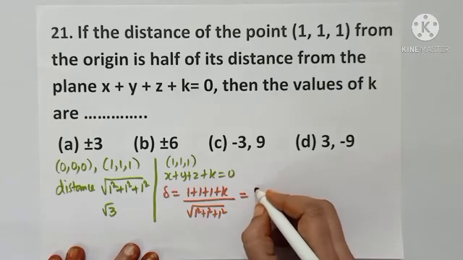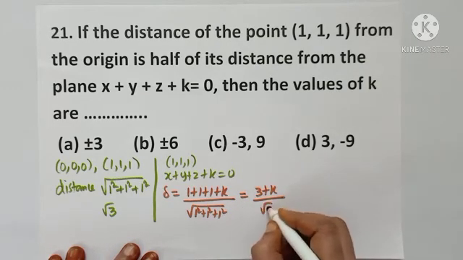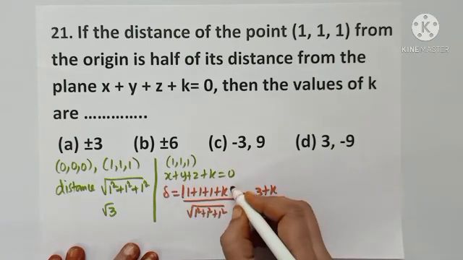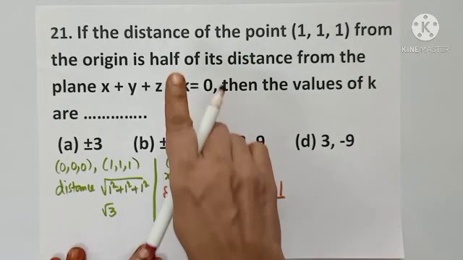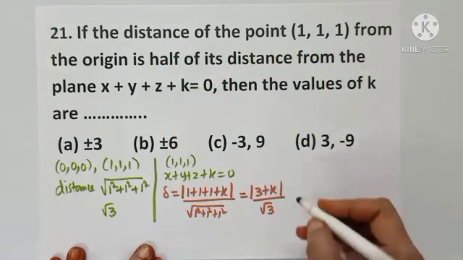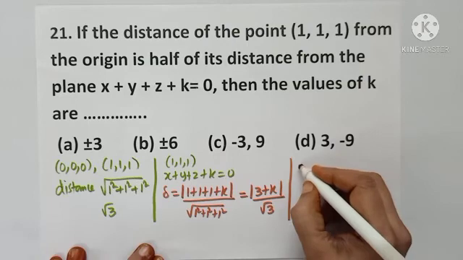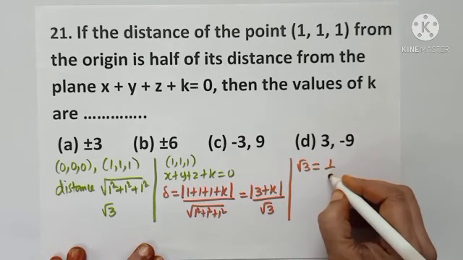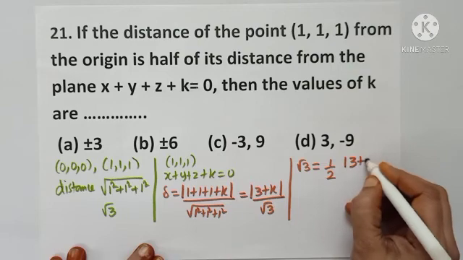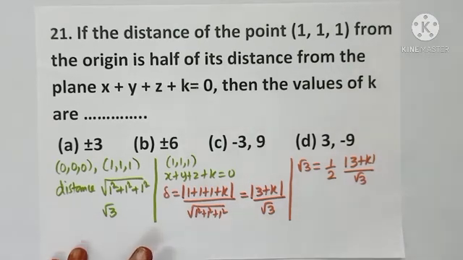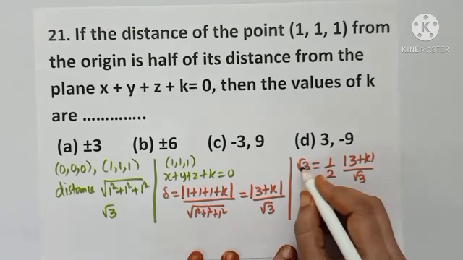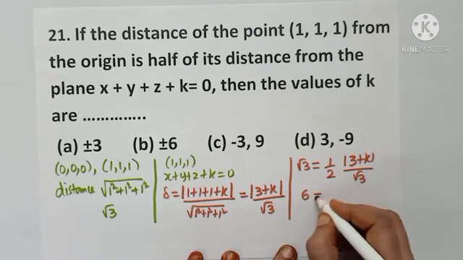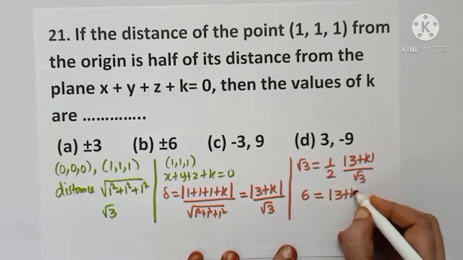I get 3 plus k divided by root 3. Remember, distance is always positive, so put the modulus symbol. Now the question says this distance is half the distance of this. So from the given condition, I have root 3 is nothing but half of the distance, modulus of 3 plus k divided by root 3. As I cross multiply, it is root 3 into root 3, 3 into 2, 6 equals modulus of 3 plus k.